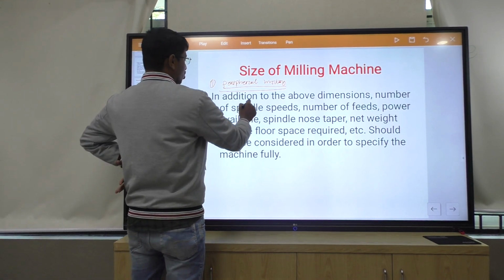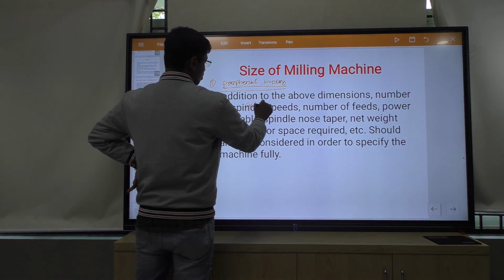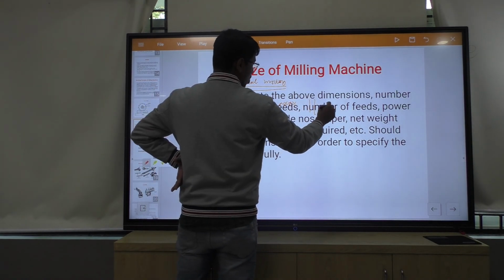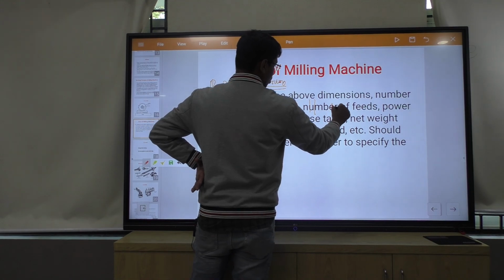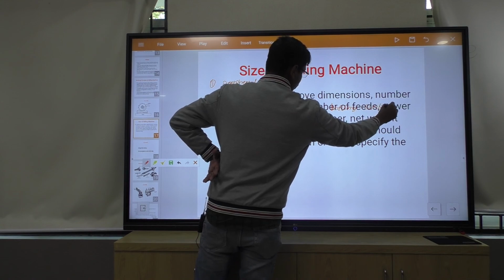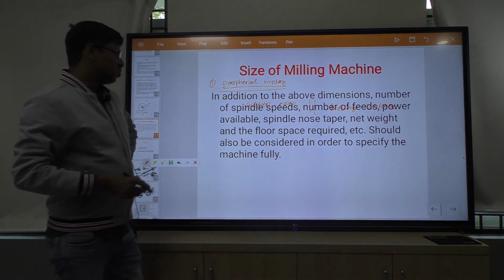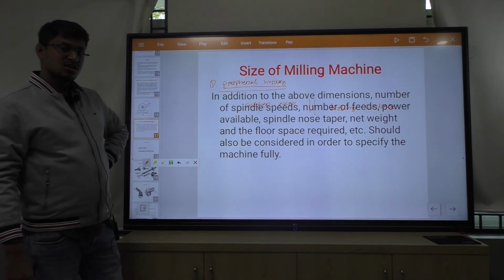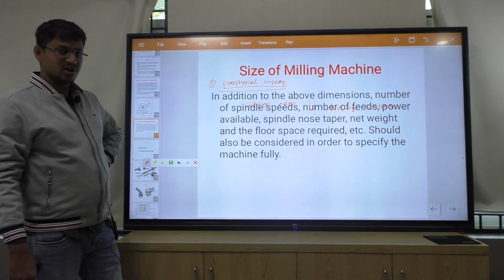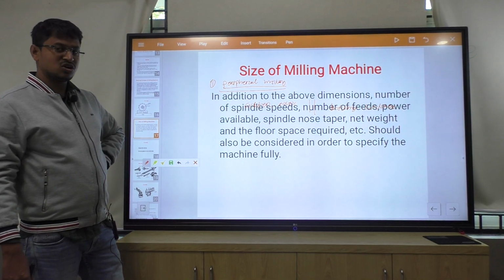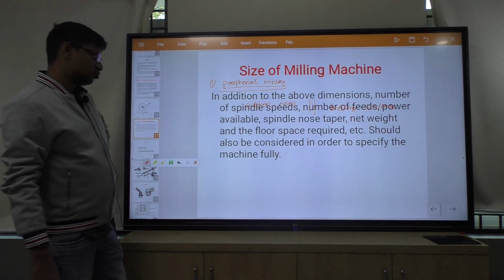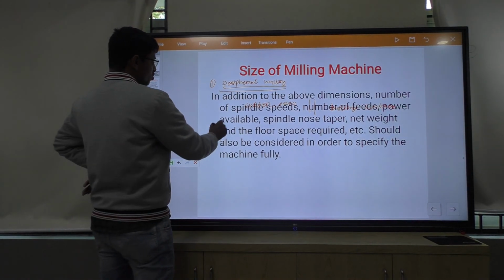Here the cutter axis is parallel to the milling surface. One disadvantage of peripheral milling is that the cutting force throughout the surface is not even, so there are many vibrations and a rough surface may be produced.